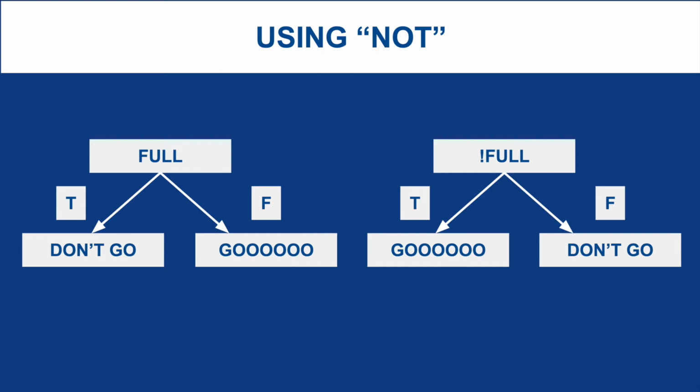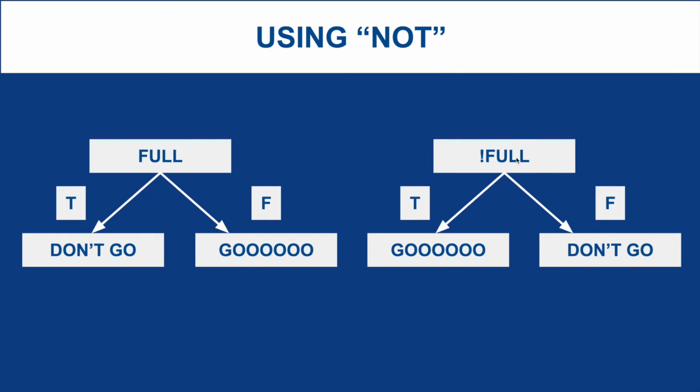Now how you read this is, let's say the value of full is true. So John is full. What that exclamation point does is it flips it. So instead of it being true, now it's false. And if we follow where we go when it's false, as you can see, we don't go.